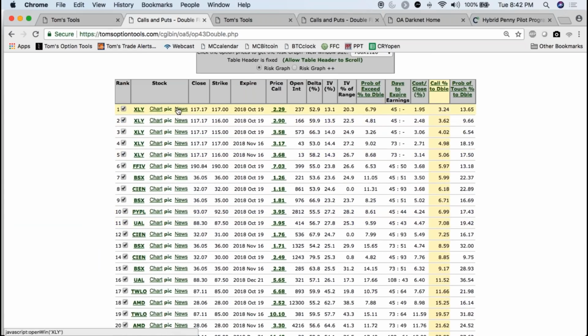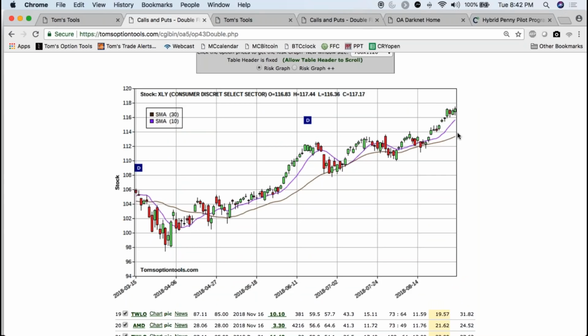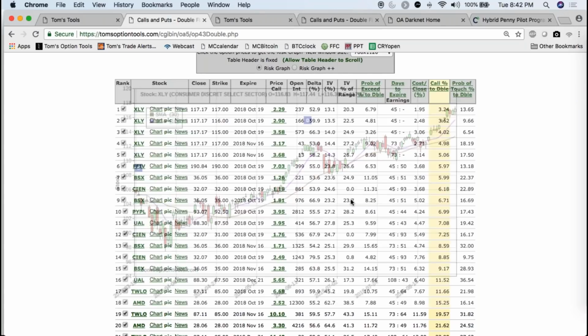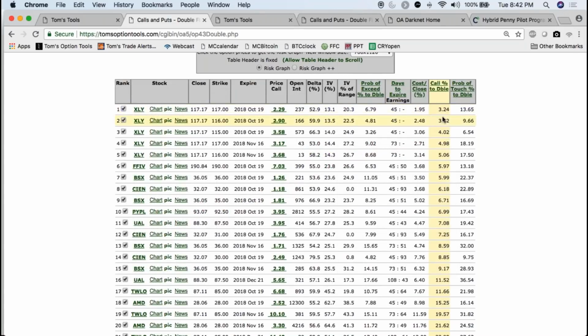XLY pops up. By the way, here's a picture of XLY. Look at that. Hey, it's going higher. It's closed at a new high. Okay, Tom's not wrong about that. Over here it says the call percent to double.